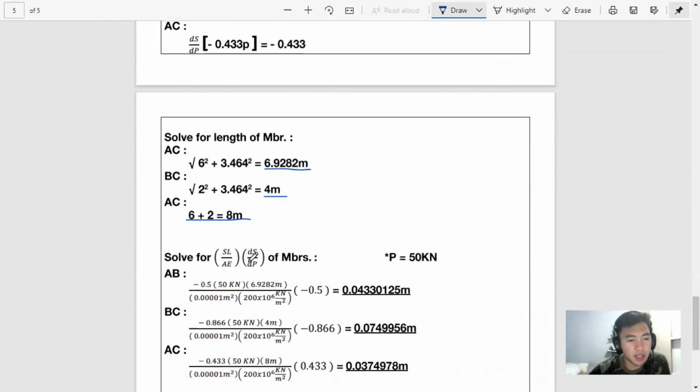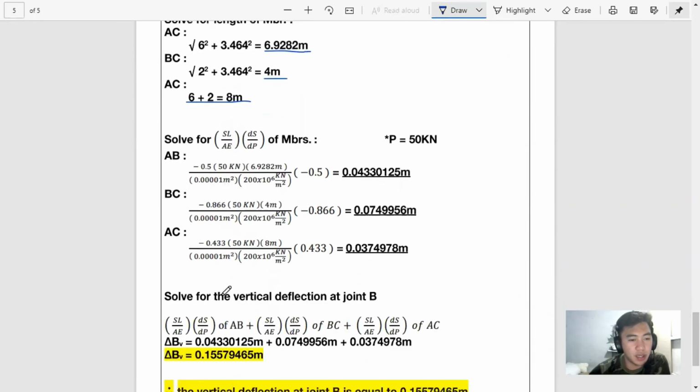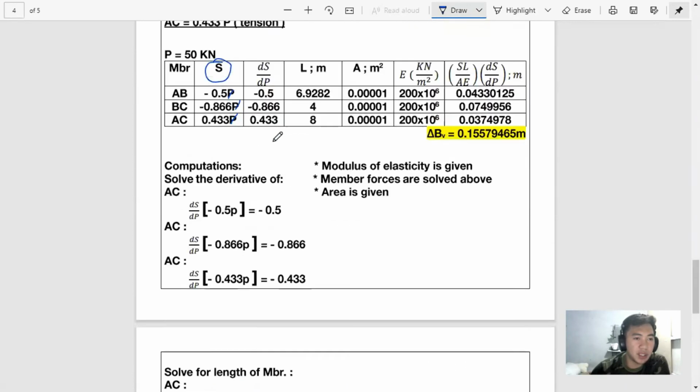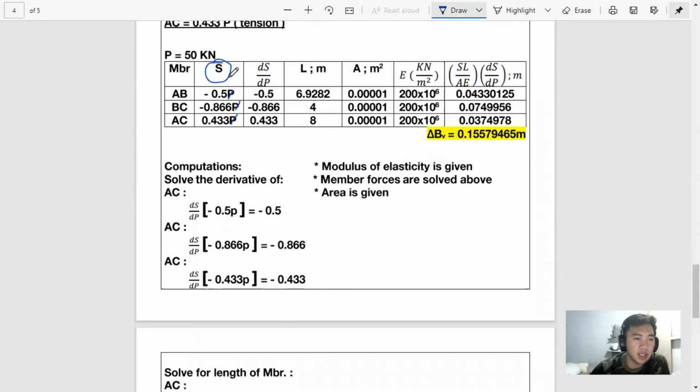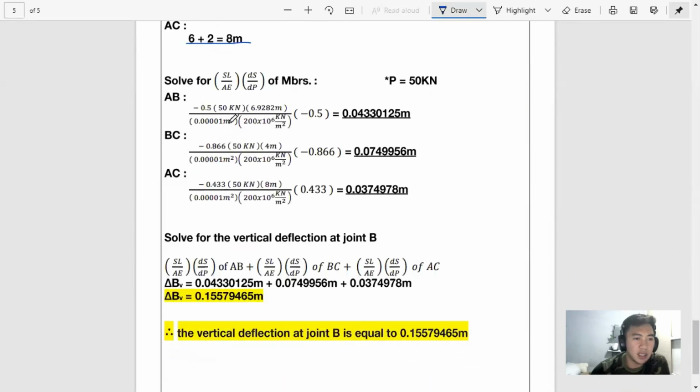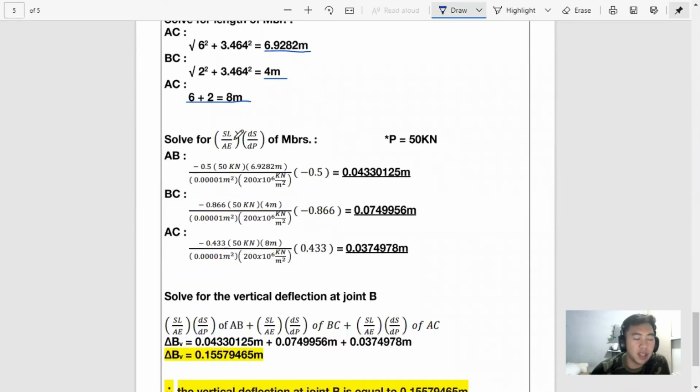Next, this is the final step in solving our vertical deflection at joint B. Here we have S, the bar force, L, the length, A, the area, E, the modulus of elasticity, multiplied by the first derivative.